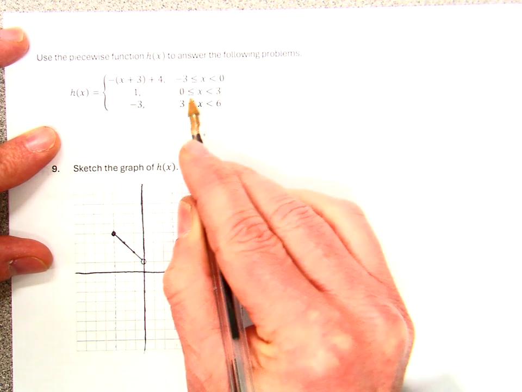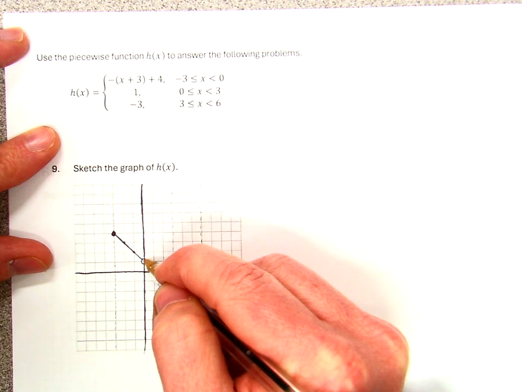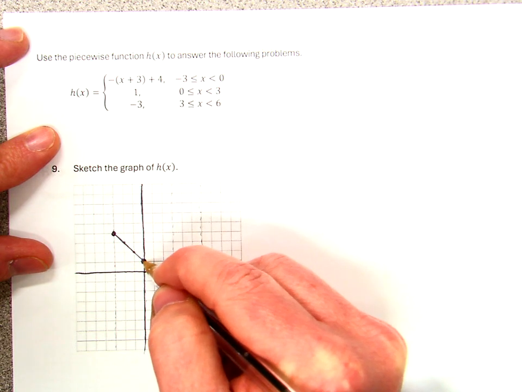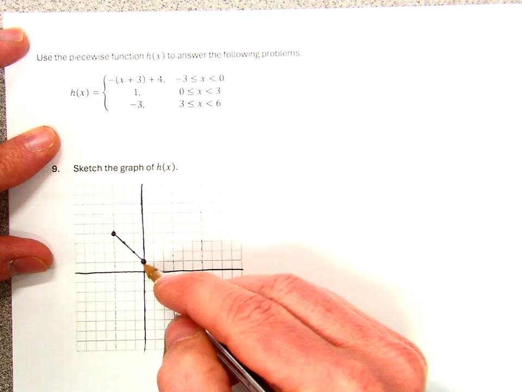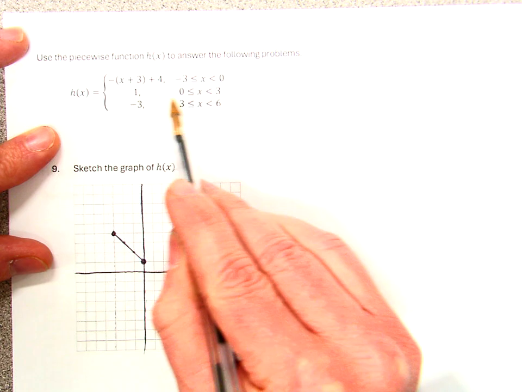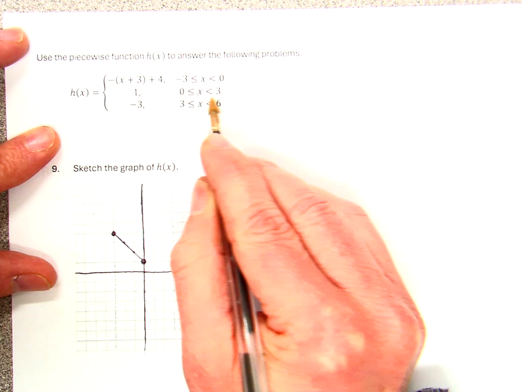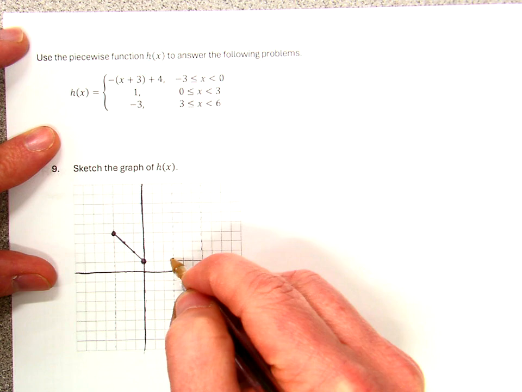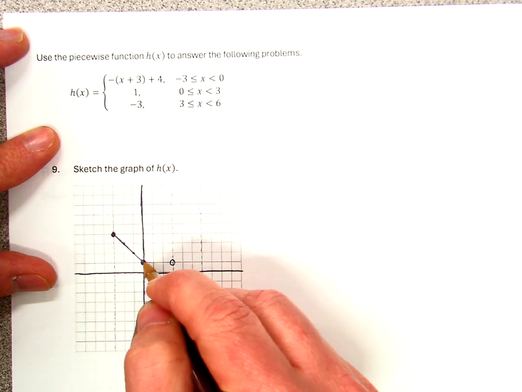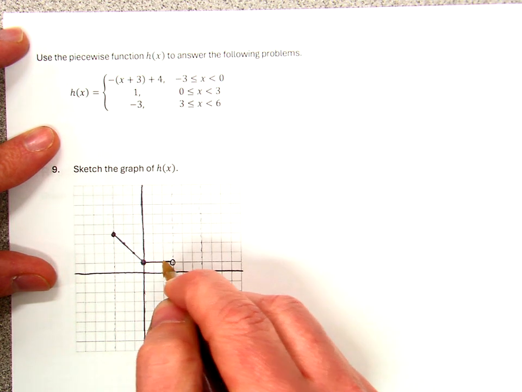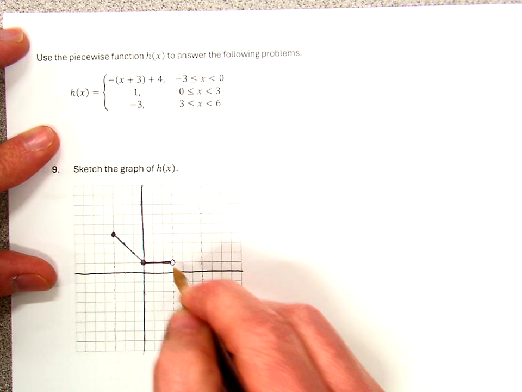Since this point actually exists, I'm just going to go ahead and fill it in, right? Because it exists at 1, and it's going to be a horizontal line going all the way over to 3. So it's going to be horizontal, moving over to the x value of 3, open dot.